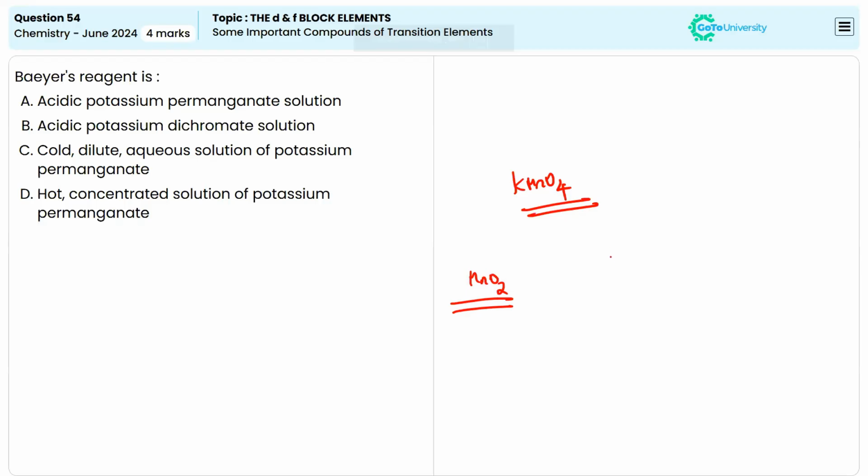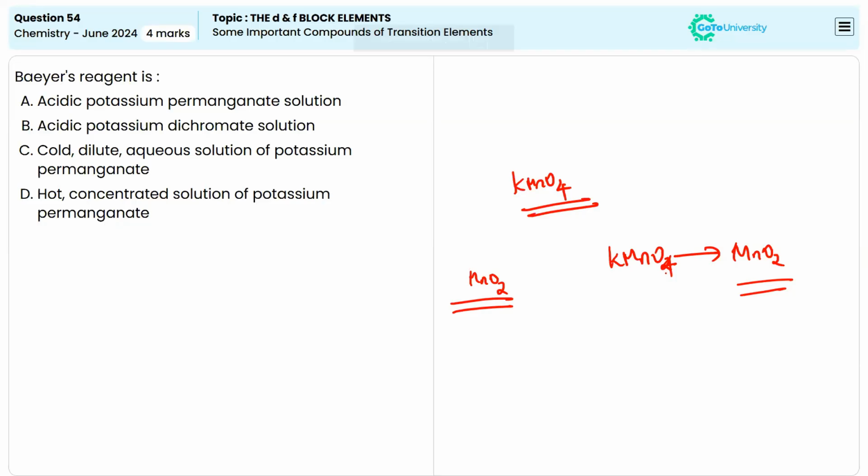So in this reaction, KMnO4 loses its purple color and is converted into a precipitate of manganese dioxide. If there is no unsaturation, the solution will remain purple, meaning KMnO4 cannot be converted to MnO2. So this is the test to identify the presence of unsaturation.